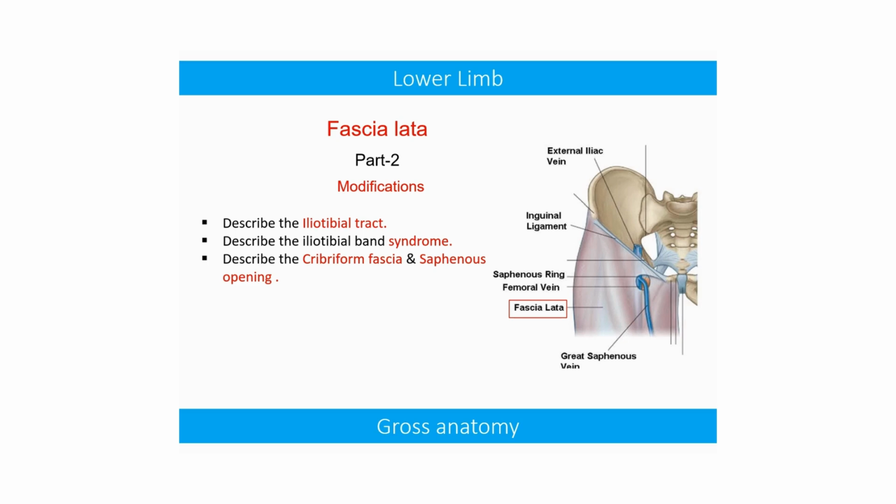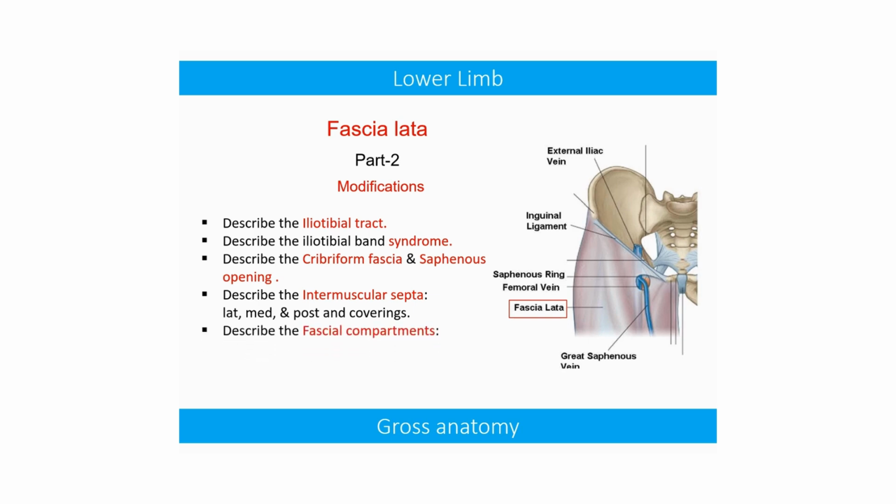Describe the cribriform fascia and saphenous opening. Describe the intermuscular septa, that is lateral, medial, and posterior, and coverings given by the fascia lata, their extent, attachment, and functions.